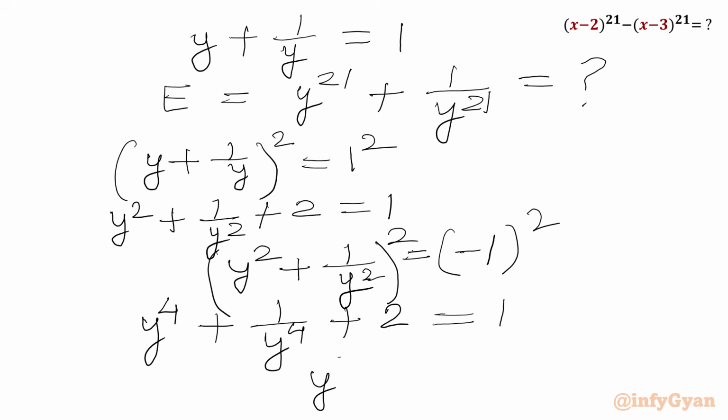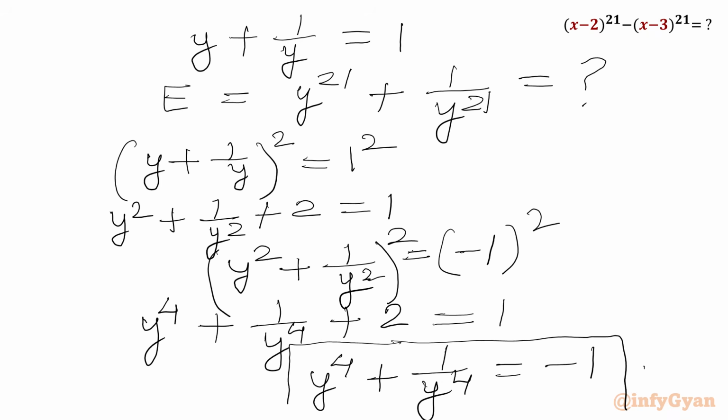So from here we'll be getting y power 4 plus 1 over y power 4 equal to negative 1. Now we will use this result. I will say this is our equation number 1.